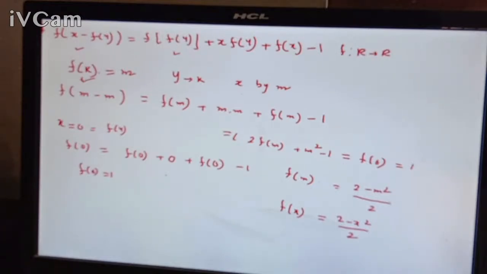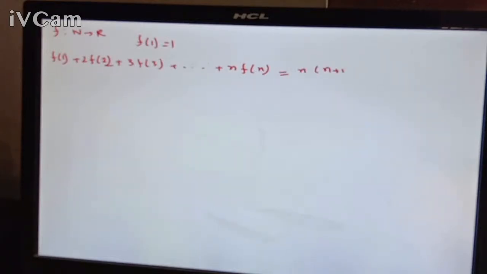Okay. So the next problem, now I will discuss another problem. This is also a wonderful problem and a different type of functional equation.